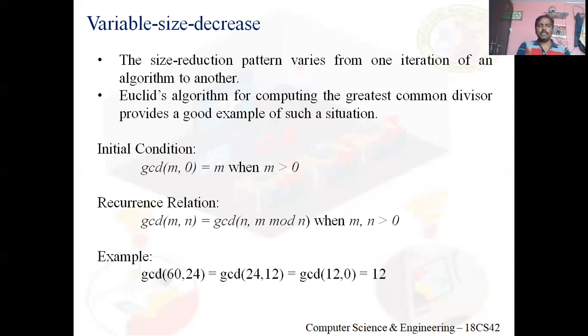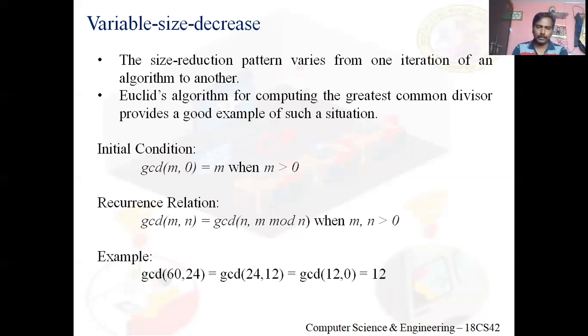For example, GCD is an algorithm; when I give two inputs to it, it gives me the GCD of those two numbers. So what is the input in this example? It's 60 and 24. Now, what does the decrease and conquer strategy say?